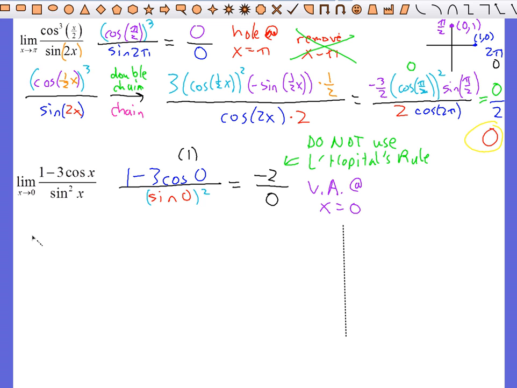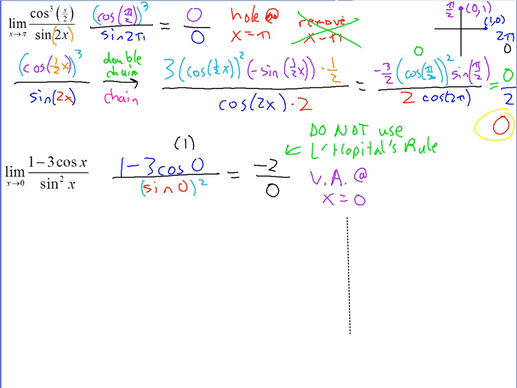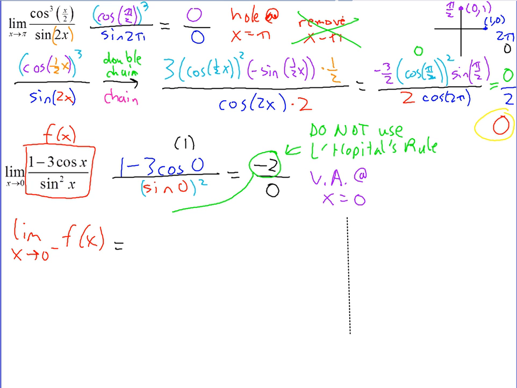Let's say we start from the left. So the limit as x approaches 0 from the left, and I'll just call this whole thing f of x so I don't have to write it down again, of f of x equals, remember on the numerator we used the sign from right here, which was a negative 2, so it'd be negative, over the denominator.